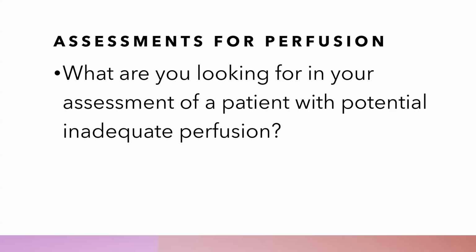How do you palpate the apical pulse? Do you recall how you palpate and listen for that pulse? Okay, that was the fifth intercostal space, midclavicular line on the left side. So we should be listening right over that area and then counting it and seeing if it's nice and strong.